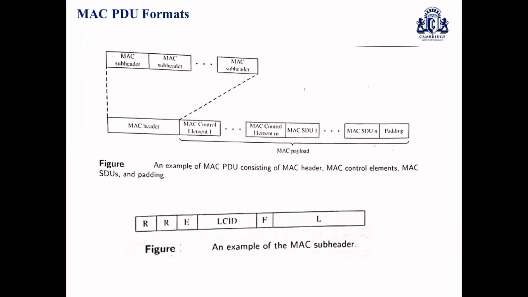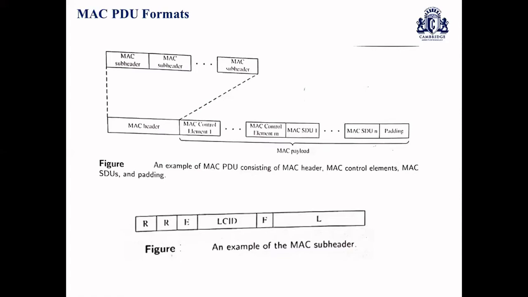The MAC subheader consists of 5 fields. The R field is a reserved field, which is always set to 0. The E field is the extension flag. If it is equal to 1, another set of R/R/E/LCID fields follows.